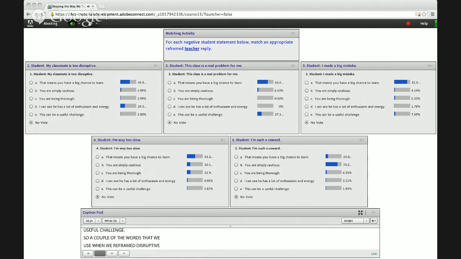So think about matching specifically to the question. And again, number 2, problem, that's the key word there. This class is a real problem for me. What did we talk about with reframing problem?